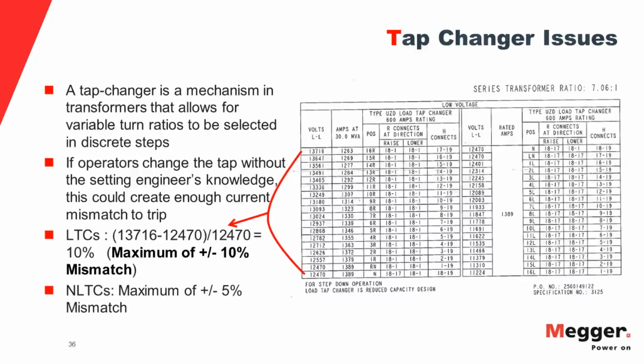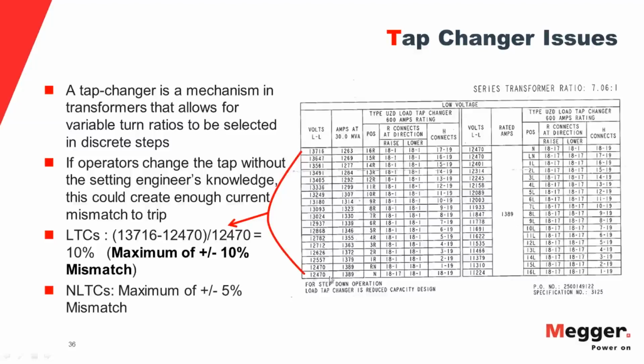So if there is a change in the tap which has not been seen by the relay designer, and he is assuming the current will always remain 1389, we can have a maximum error of plus minus 10%. And if it's a no-load tap changer, the maximum mismatch can have plus minus 5% of error.